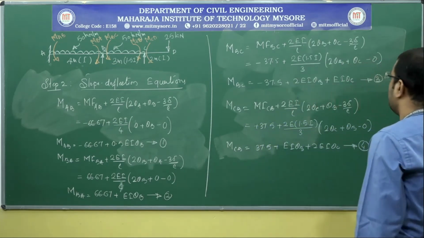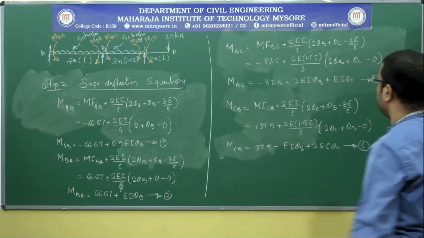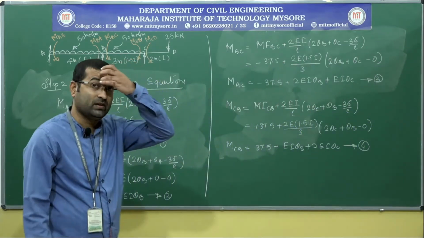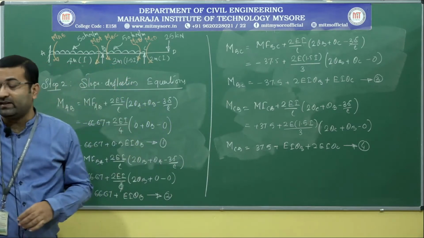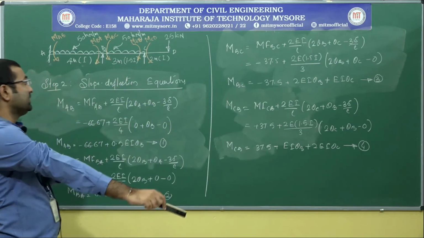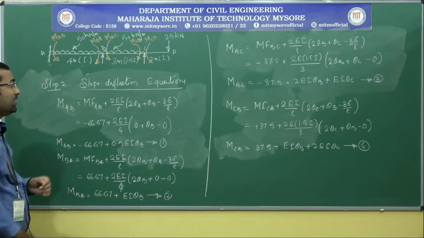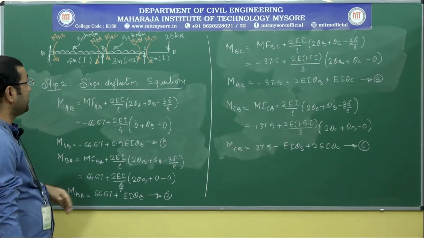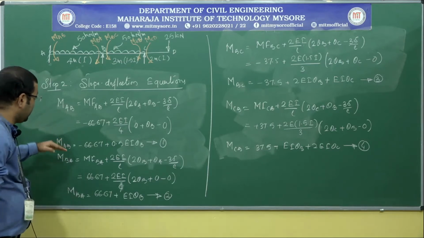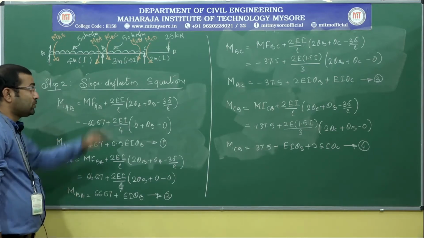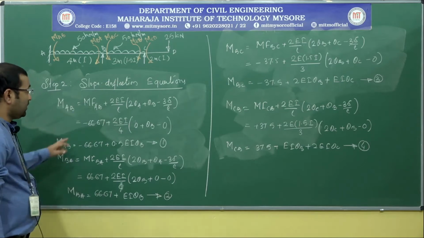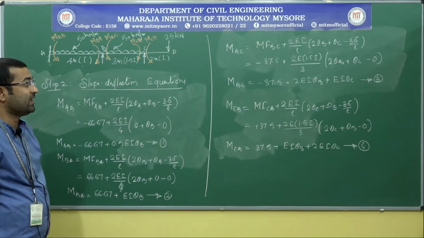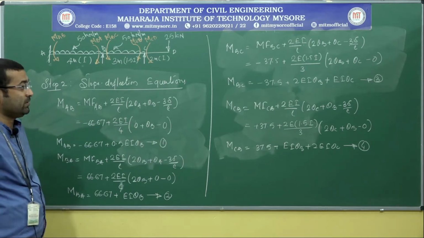So these are the 4 equations to determine the end moments as per the slope deflection. Right. Next we need to write the equilibrium conditions so that we can determine the rotations at B and C. See, if I refer to equations 1, 2, 3 and 4, in all equations I can find EI theta B and EI theta C as the unknown variables.